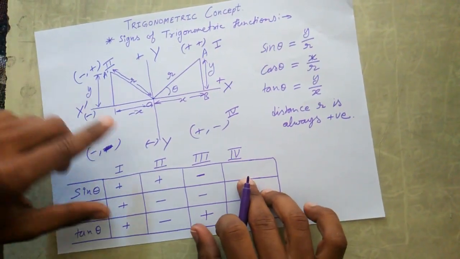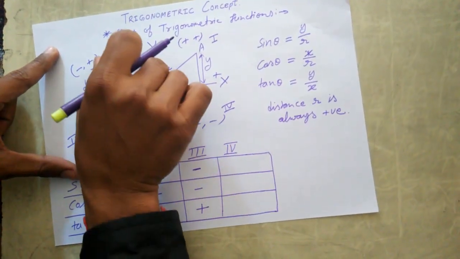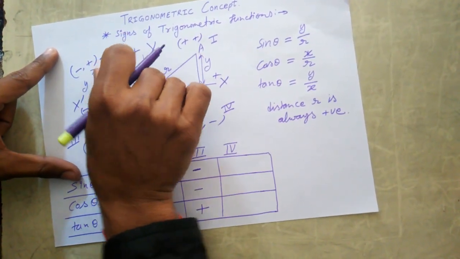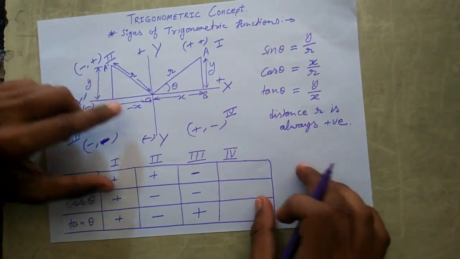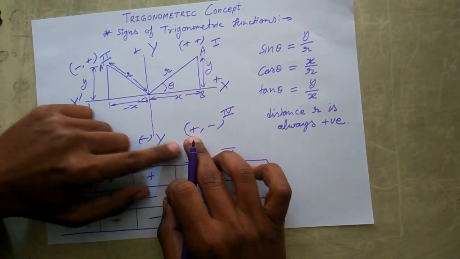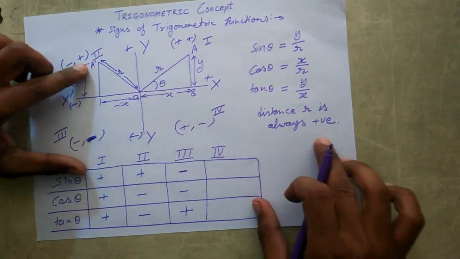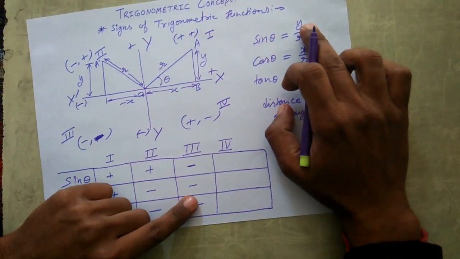Now in fourth quadrant, when I revolve this OA distance, that is R, in fourth quadrant, the distance remains the same, that is positive, but the sign changes. X becomes positive here and Y becomes negative here. So let us consider sin theta.